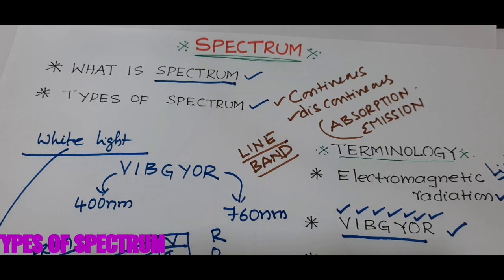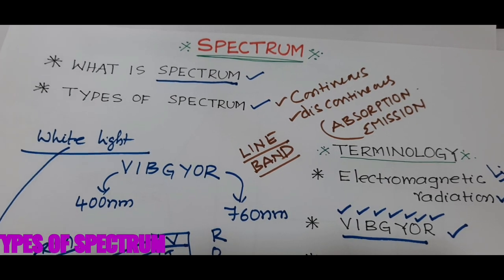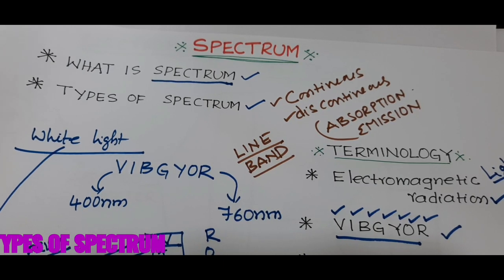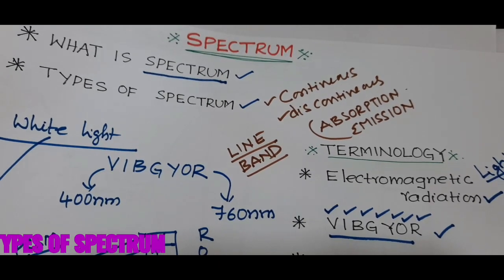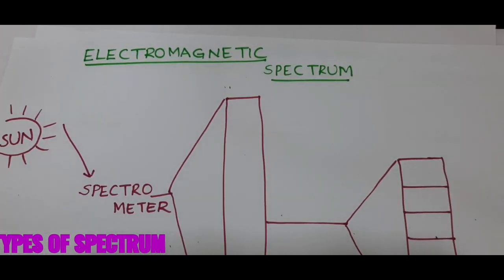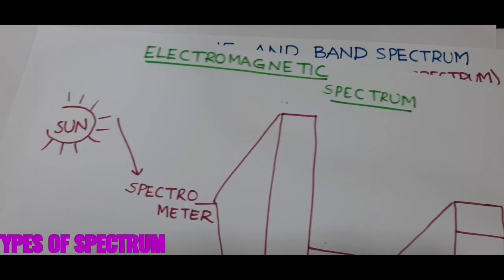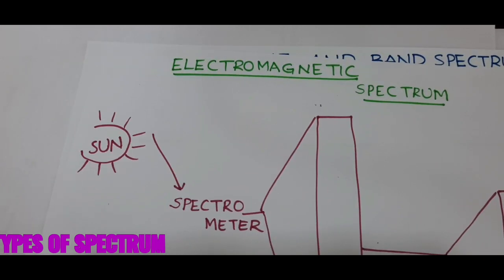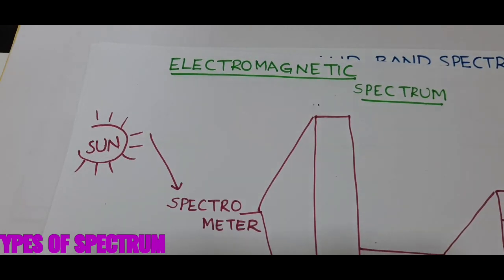Spectrum is an arrangement of different spectral lines, different radiations, either in the increasing order of their wavelength or decreasing order of wavelength on a photographic plate with the help of a suitable device. Right? Now we are entering into the electromagnetic spectrum. What is called electromagnetic spectrum? Students, already I introduced the terminology called electromagnetic radiation.